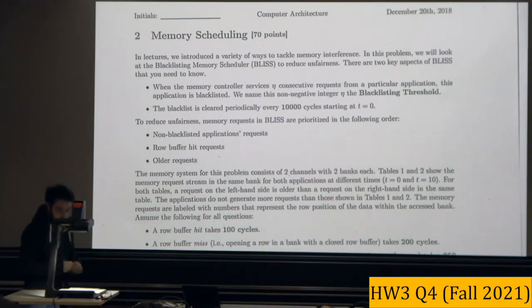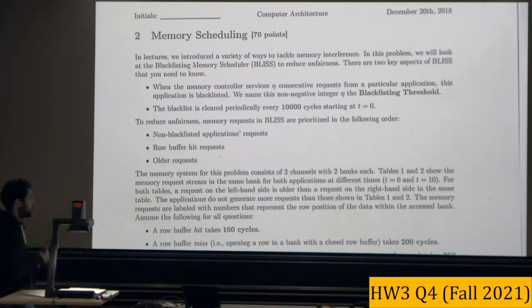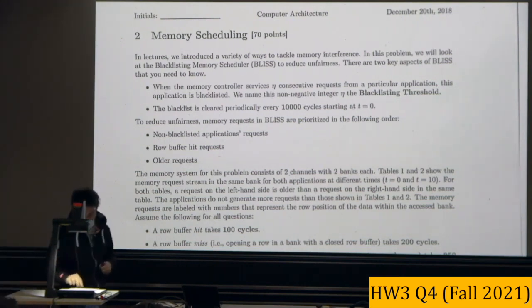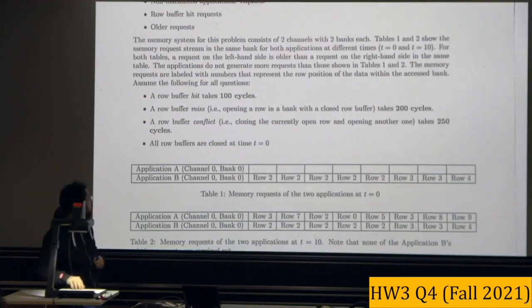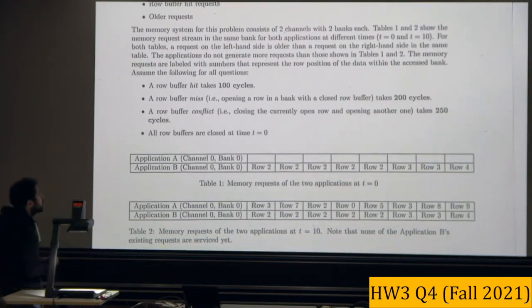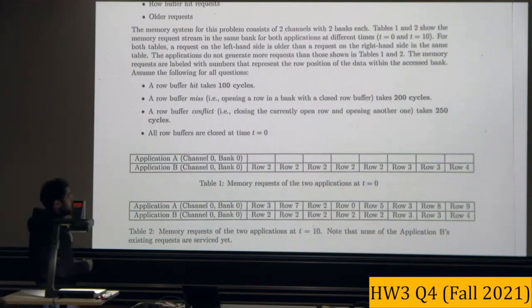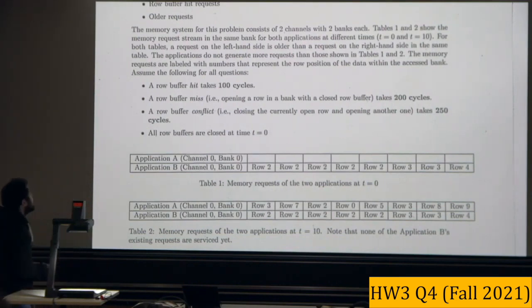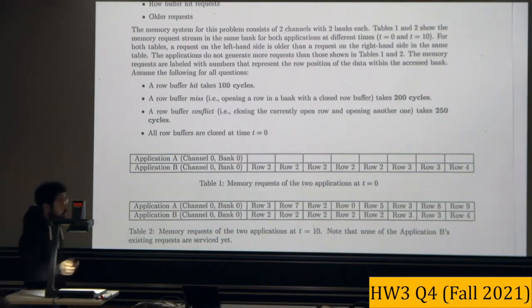So in this problem, we have a memory system that has 2 channels with 2 banks each, and tables 1 and 2 show the memory request stream for two different applications at times t equals 0 and t equals 10, and for both tables, as we go to the right, the requests are younger.